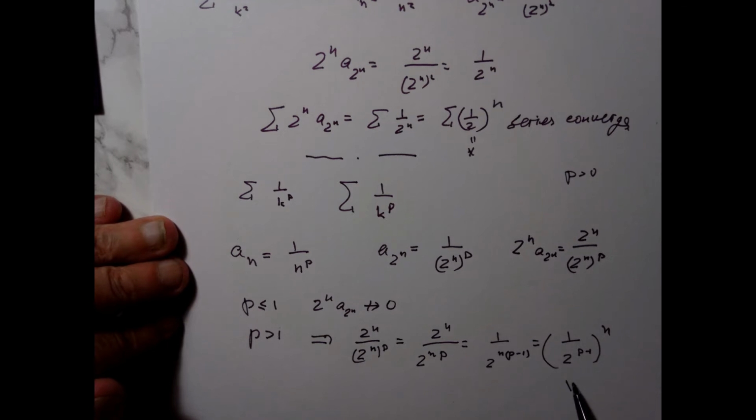Now once again, if you think of this as x, if p minus 1 is positive, this x is strictly less than 1, and the conclusion is that the sum of 1 over n to the power of p converges if and only if p is greater than 1.